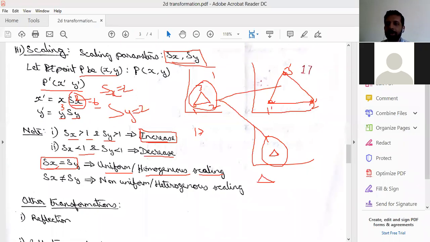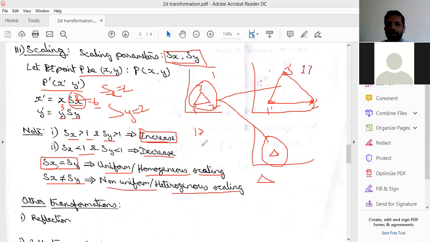So there will be a uniform increase in its size in all directions, or a uniform decrease in all directions. But there is another condition where the Sx value and Sy value, the scaling values in x and y, will not be the same. Then it is called non-uniform or heterogeneous scaling.